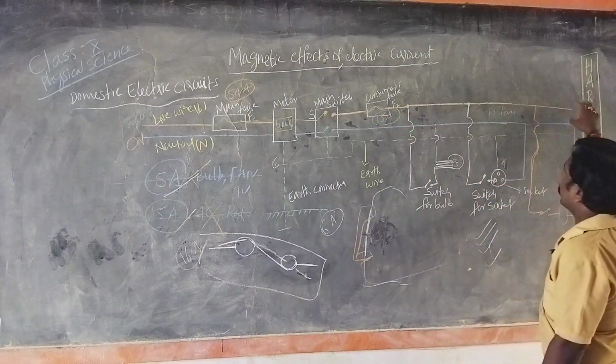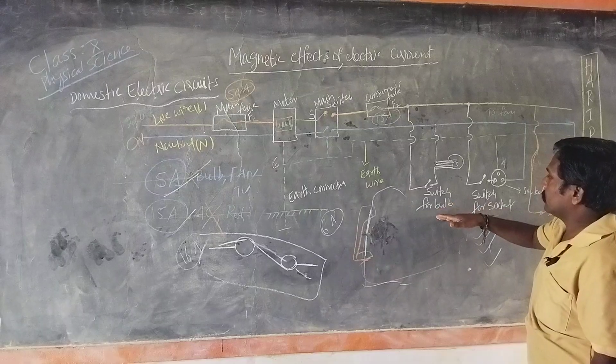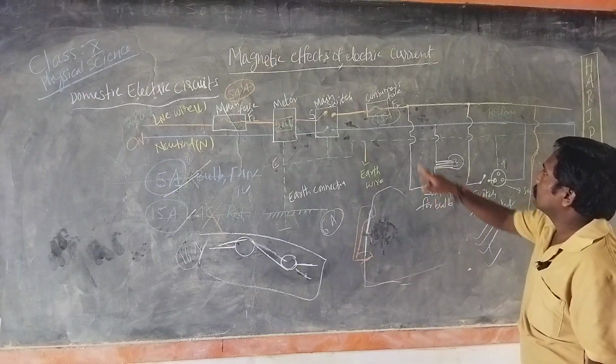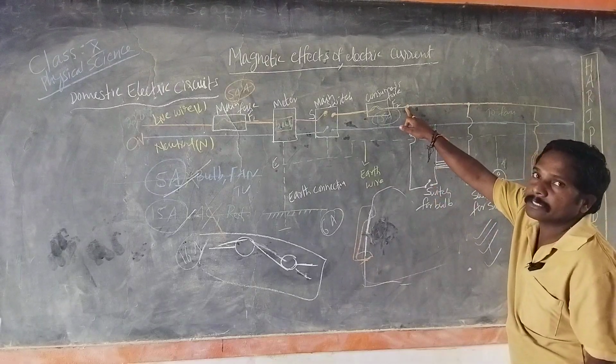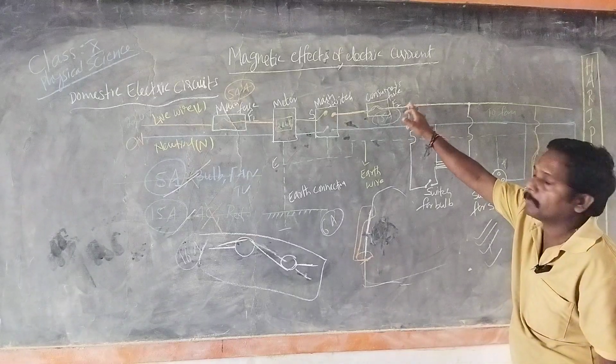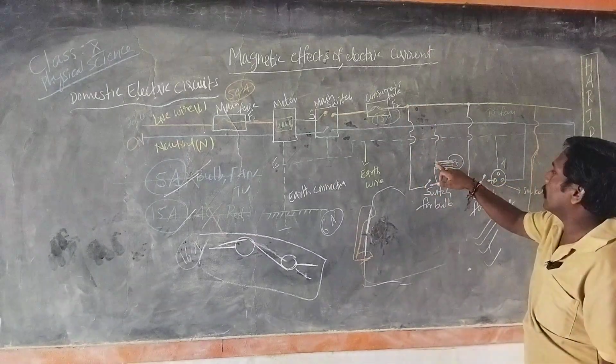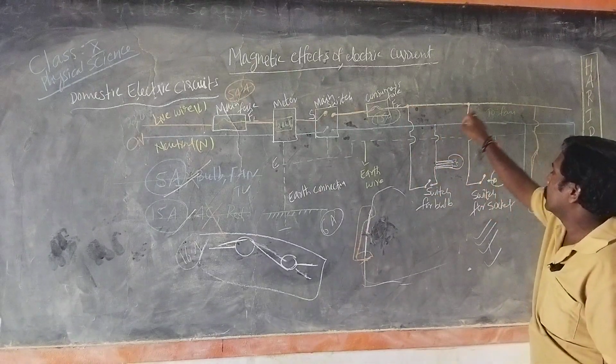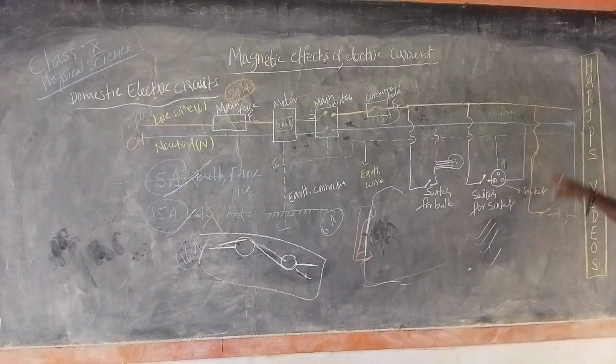To give connection to the switch, we connect from the live wire, which supplies the power. The other end of the electrical output, like a bulb, goes to the neutral wire. Similarly for the socket, fan and other electrical appliances.